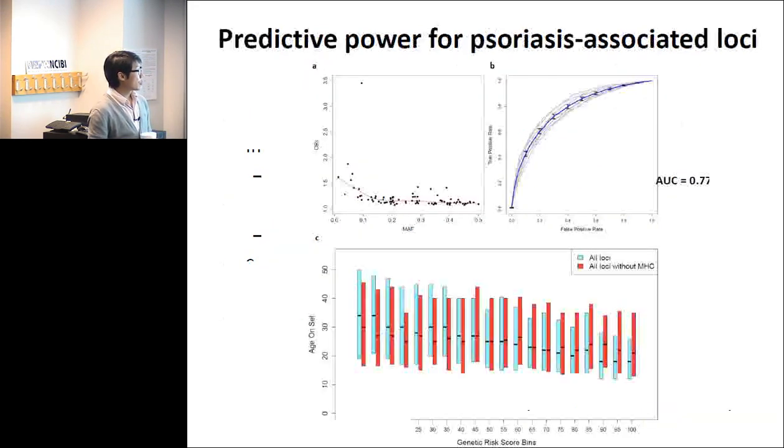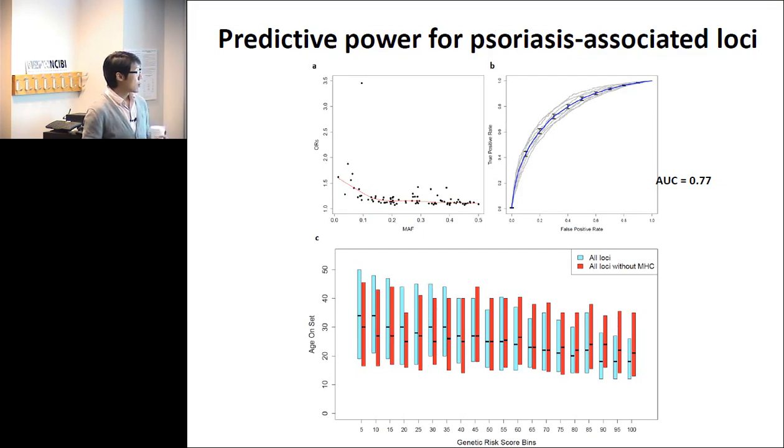Before that, as shown in other complex diseases, there's a correlation between the effect size for the disease-associated loci versus the minor allele frequency spectrum. Now with these more than 60 psoriasis loci, we are able to have a pretty good area under the ROC.